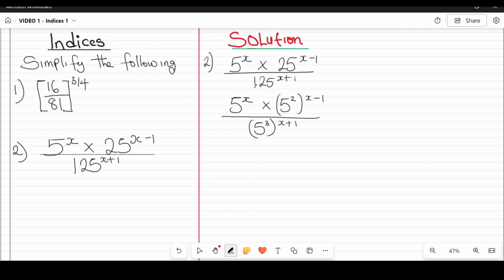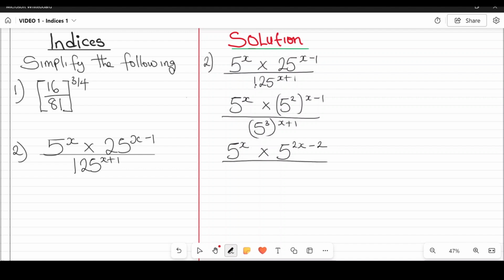So here we will use 2 to multiply x minus 1, and we'll use 3 to multiply x plus 1. If we do that, we will arrive at 5 raised to the power of x times 5 raised to the power of 2 times x is 2x. 2 times negative 1 is negative 2.